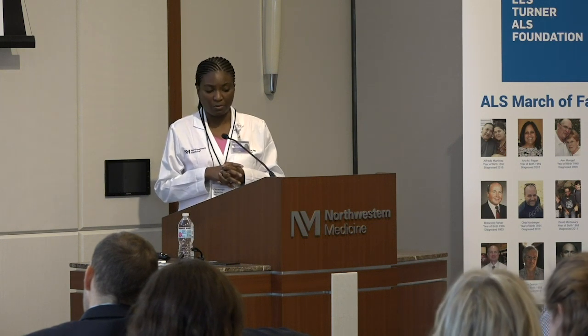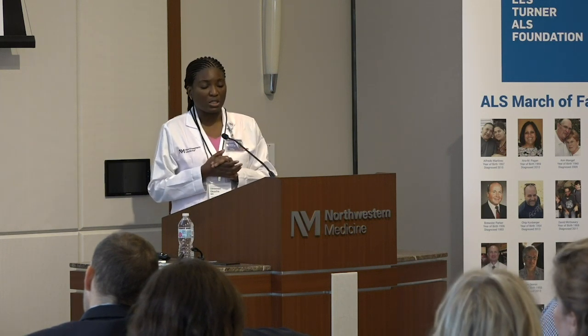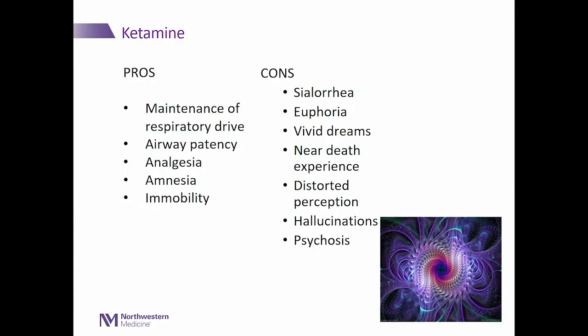So when we have patients that have labile blood pressure, this also helps us maintain an adequately stable blood pressure. The cons, unfortunately, as you can see, is increasing oral secretions. ALS patients, as we know, already have issues with sialorrhea. We try to mitigate this effect by pre-treating them with anticholinergics like glycopyrrolate.